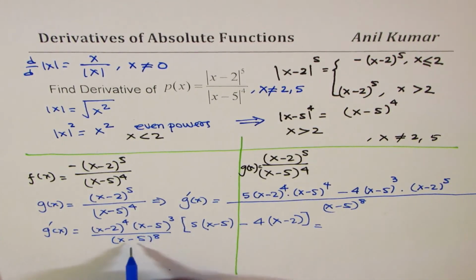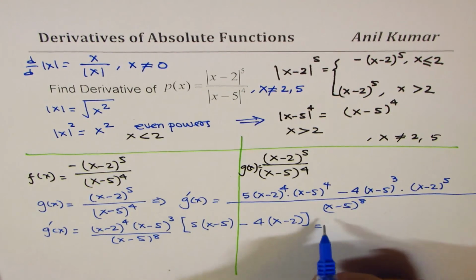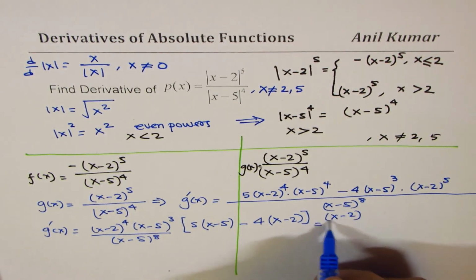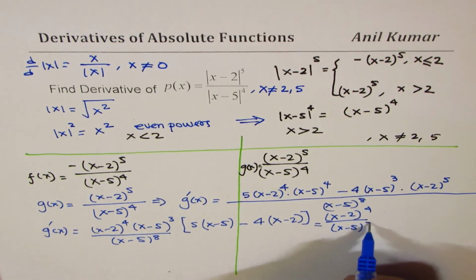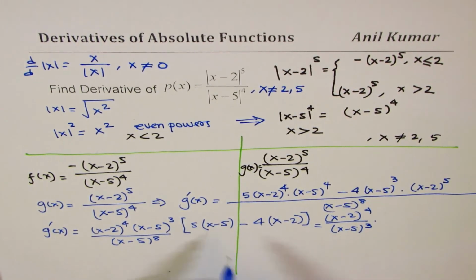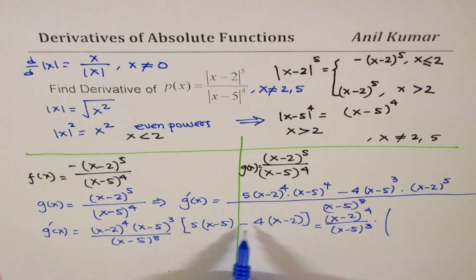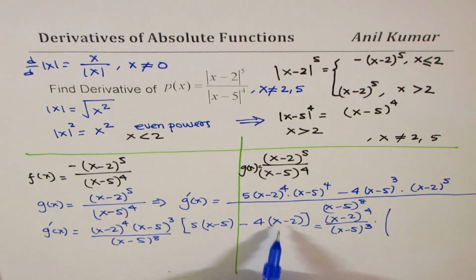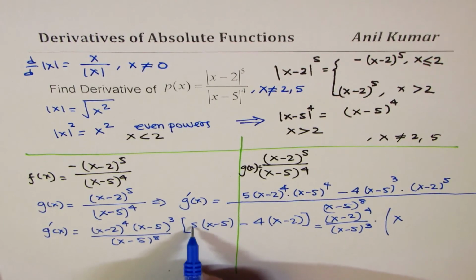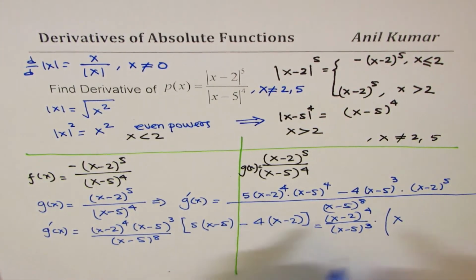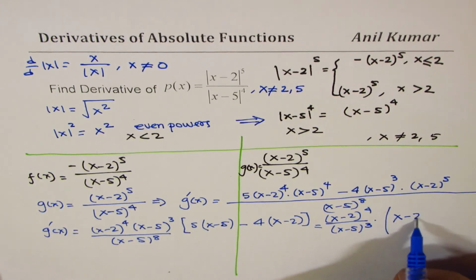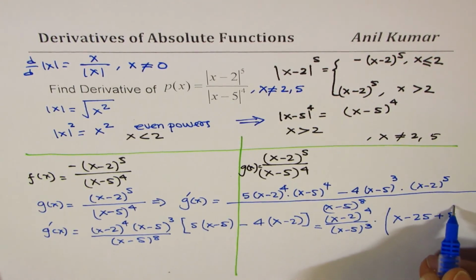Now this can be simplified and we get (x minus 2) to the power of 4 over (x minus 5) to the power of 3 times, simplifying this, 5x minus 4x is x, minus 25 and plus 8, right? So we have x minus 25 plus 8.